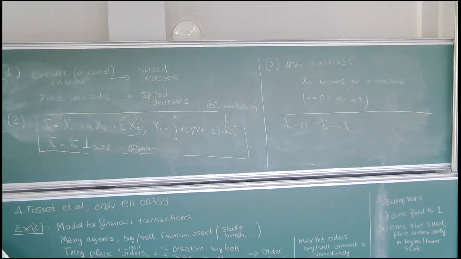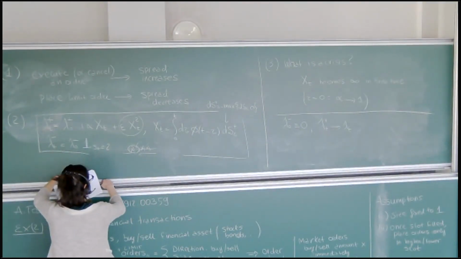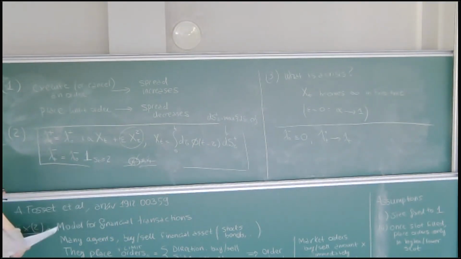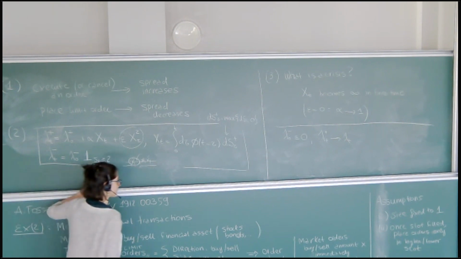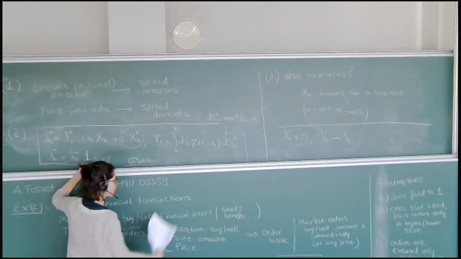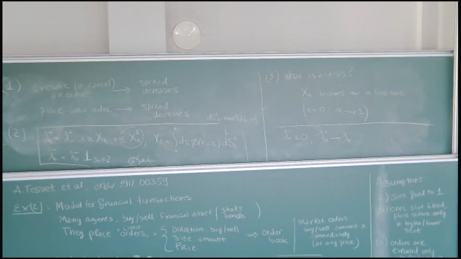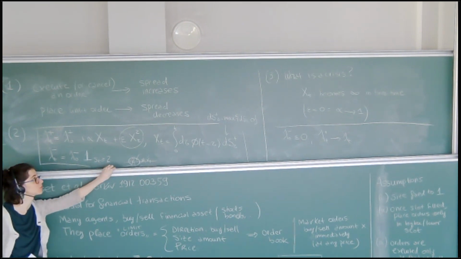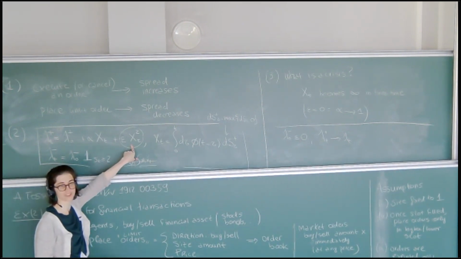Yes, exactly. So the question is, why do we include this self-exciting dynamics in here? Well, I think that one way to think about this is that if you have some stocks or bonds, there is some sort of dynamics which depends on what the other people are doing, which is encoded in here.